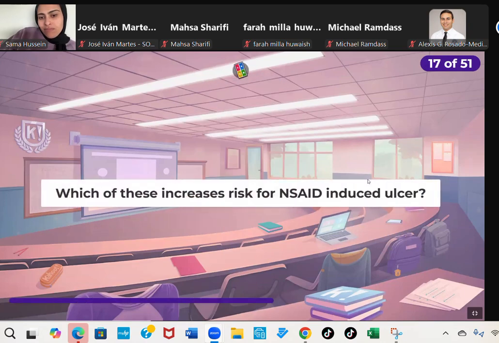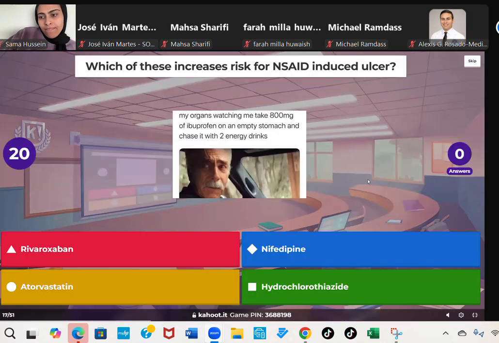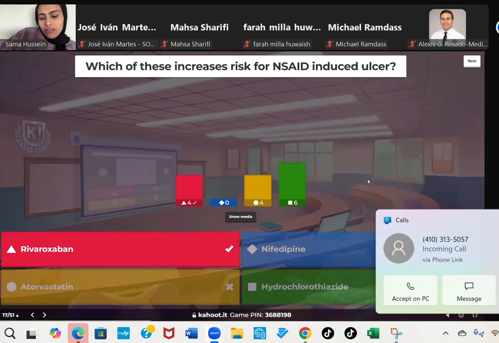Which of these increases risk for NSAID-induced ulcers? Rivaroxaban, nifedipine, atorvastatin, hydrochlorothiazide. Okay.